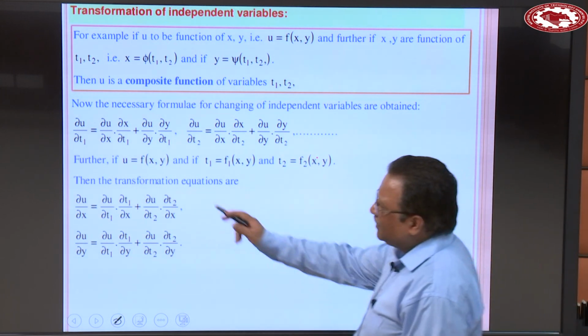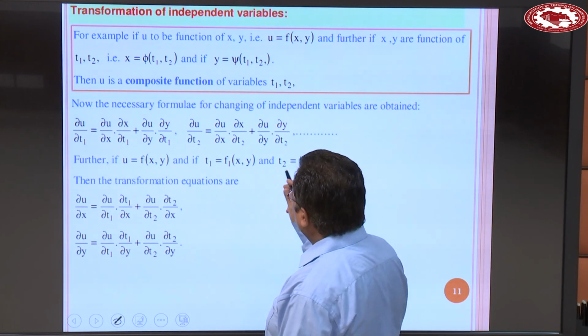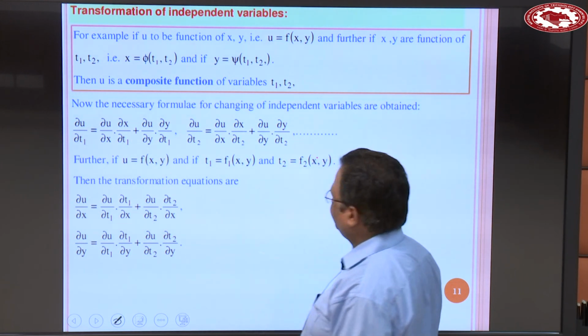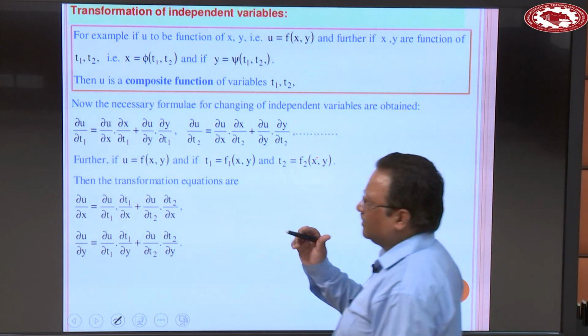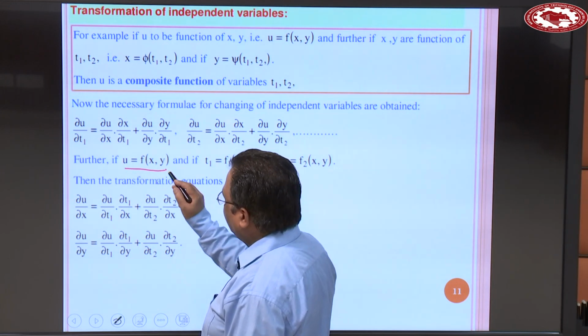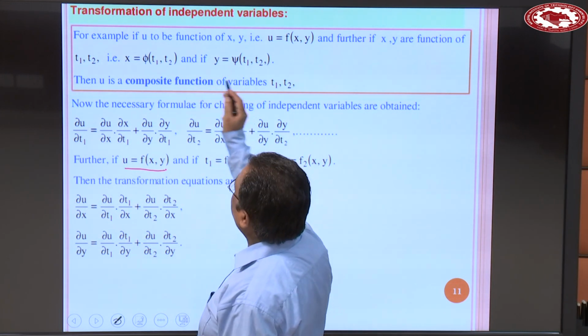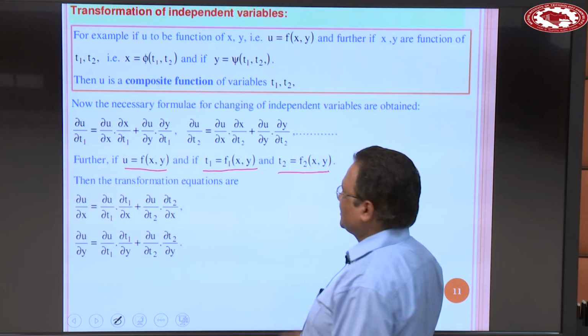Further, if u is a function of x, y and if t1 is a function of x, y and t2 is a function of x, y, then the transformation equations are in reverse order. If u is a function of x, y, and x and y are functions of t1, t2, in place of this, t1 is a function of x, y, t2 is a function of x, y.